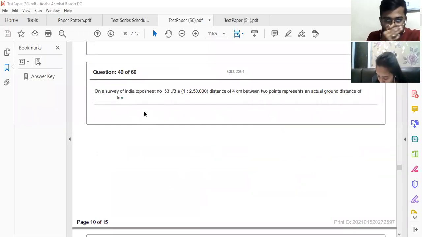Now on Survey of India topo sheet number 53J by 3, a scale of 1 is to 250,000 is given. A distance of 4 centimeter between 2 points represents an actual ground distance of?